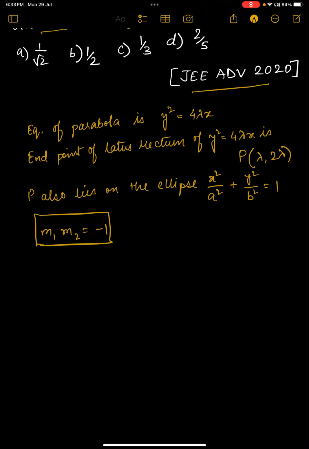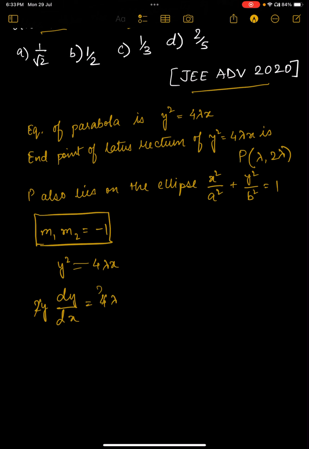Okay, so I should go ahead and find the slope. So y squared is equal to 4 lambda x. So I'll do dy/dx: 2y dy/dx is equal to 4 lambda.